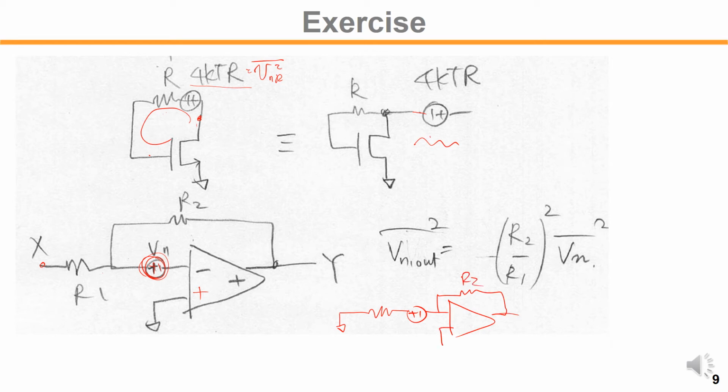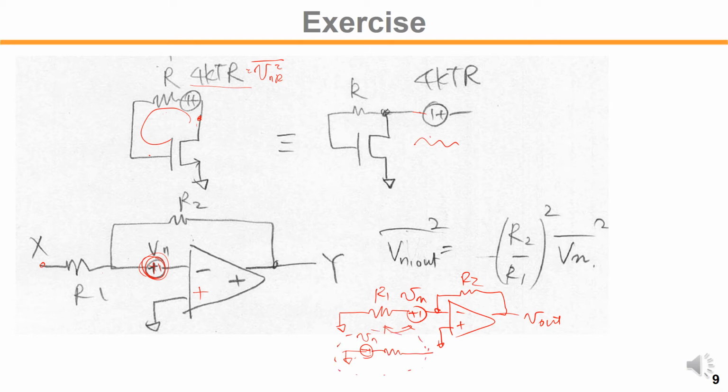R2 minus plus V out. So now the noise from the output response, we can change the location of the resistor R1 and R2. So that is equivalent. So N, right, like this.